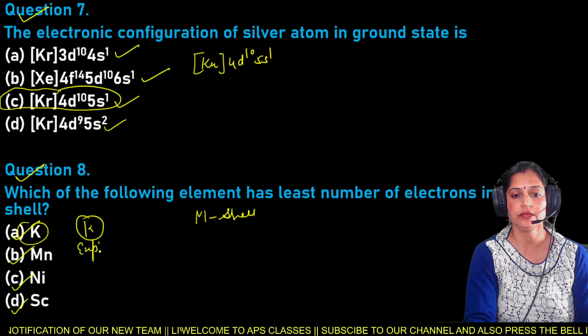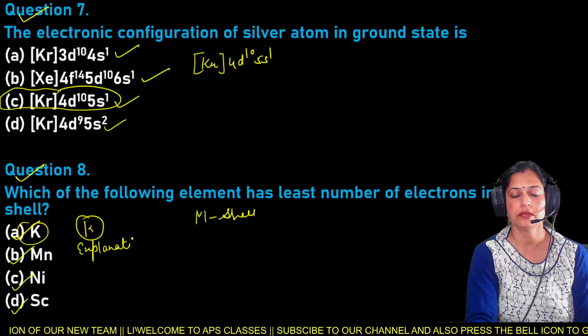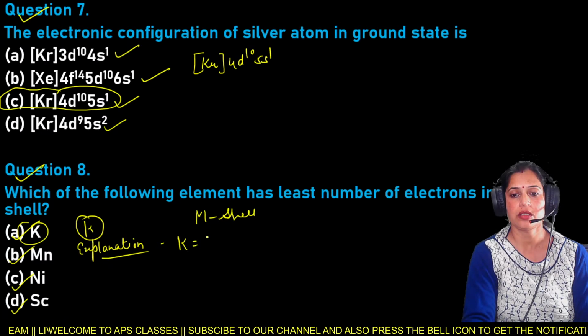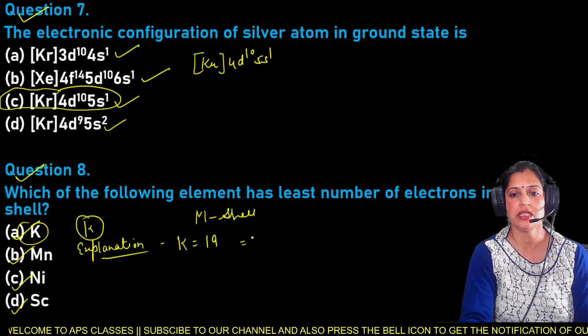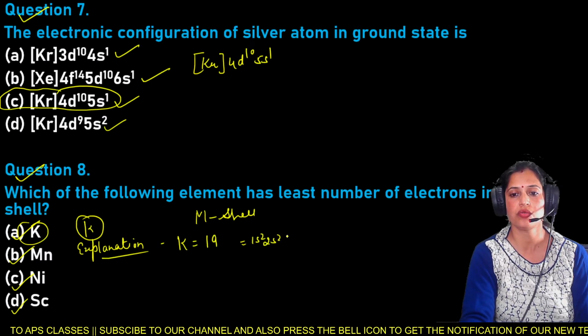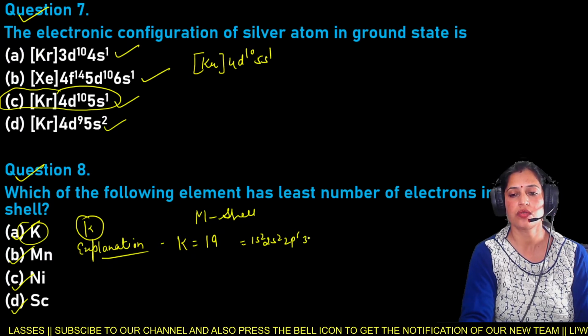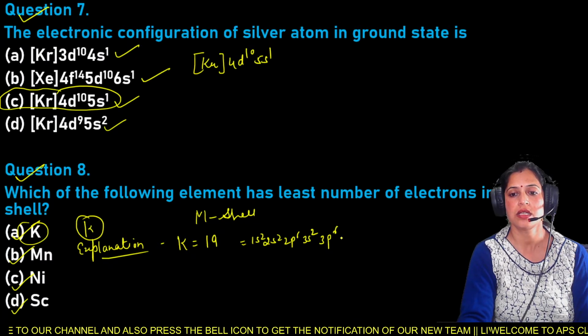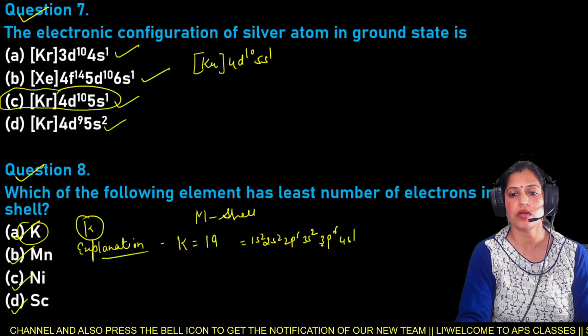Explanation. As we all know, the atomic number of potassium is 19, that is 1s2, 2s2, 2p6, 3s2, 3p6, 4s1.